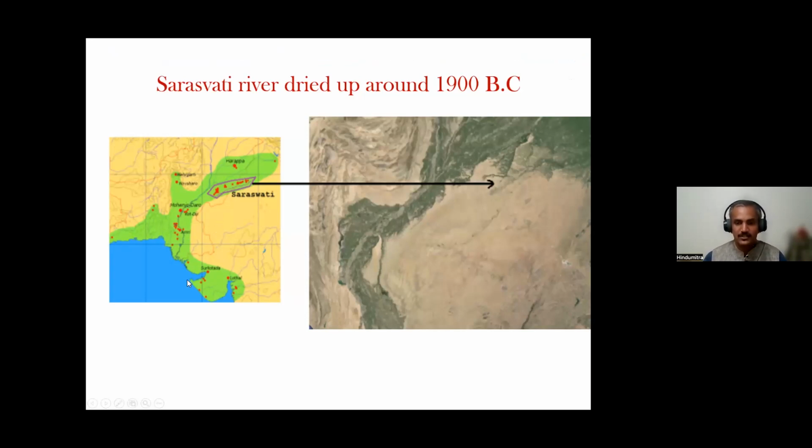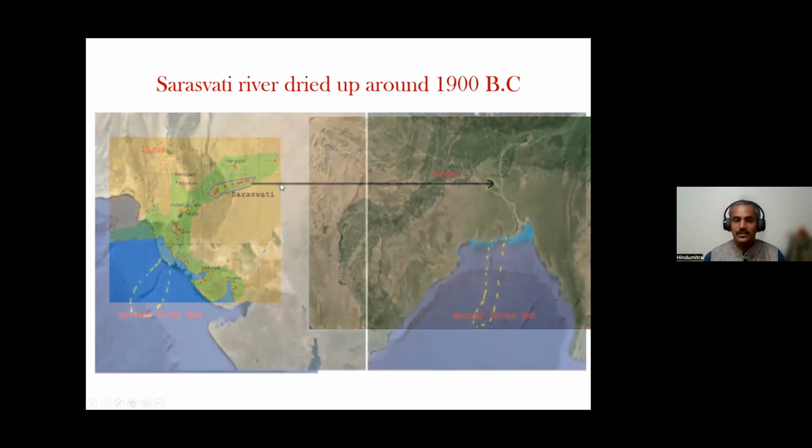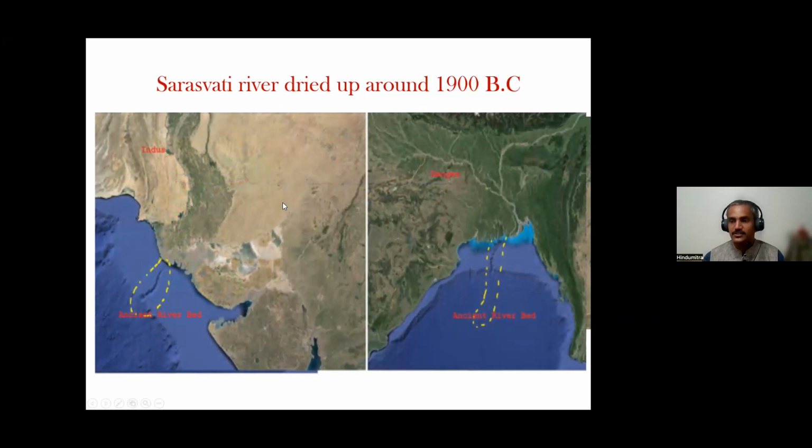It flows like that. So from the literary evidences of the Rig Veda and the modern scientific radar satellite images, we clearly found that there is an existence of a river, which is also proved from your simple Google Maps.